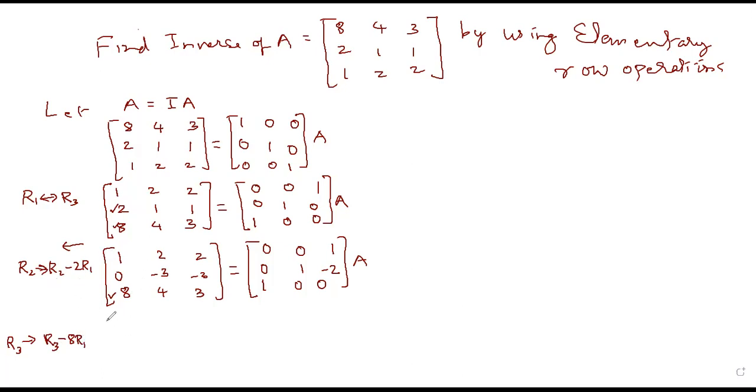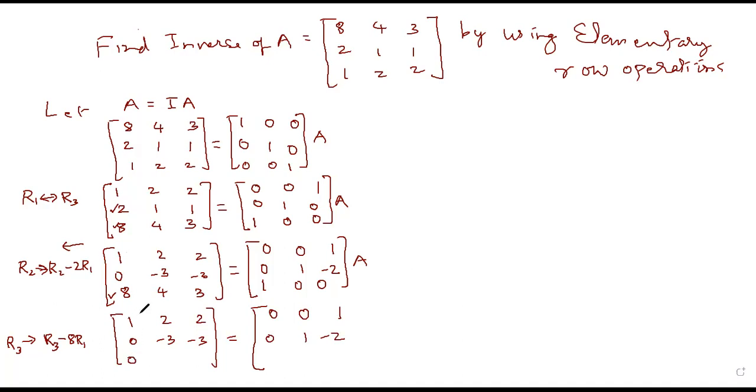Row number 3. Okay. So which row is going to be changed? R3. So R1 and R2 you can write as they are: 1, 2, 2, 0, minus 3, minus 3. First row here also you can write as it is: 0, 0, 1, 0, 1, minus 2, and then minus 8 plus 8, 0.